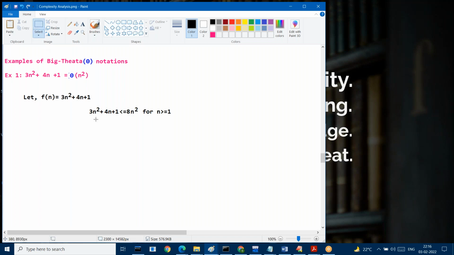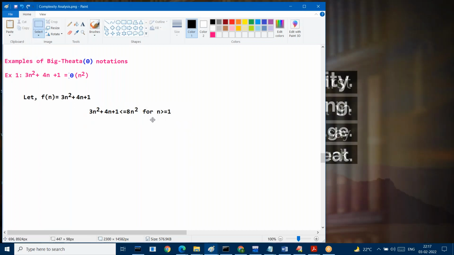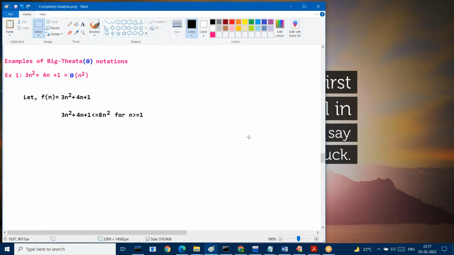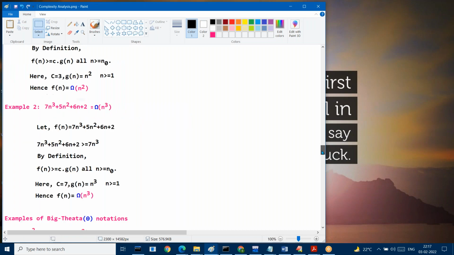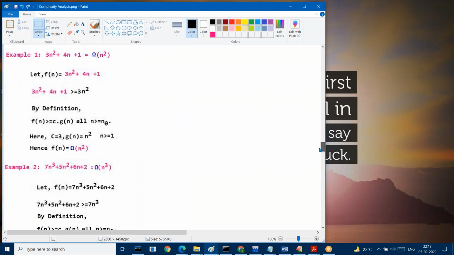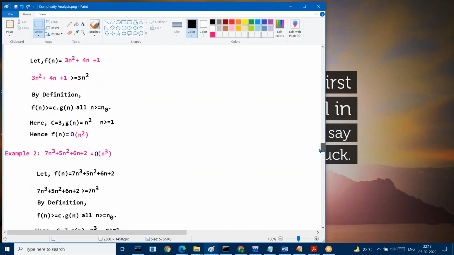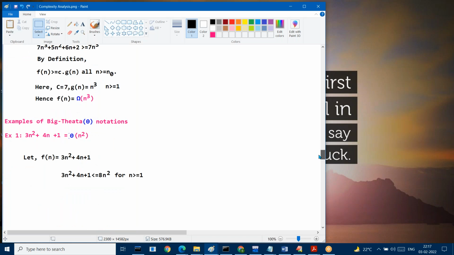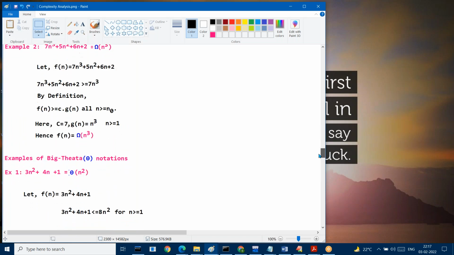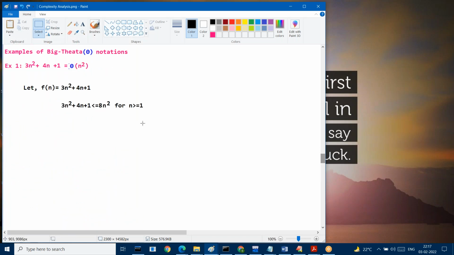But you are not supposed to exactly follow this one. Your choice. Some constant I need, sir. That's why I said every time there is no hard and fast rule. So 3n square plus 4n plus 1 less or equal to 8n square, and definitely, sir, greater or equal to 3n square.